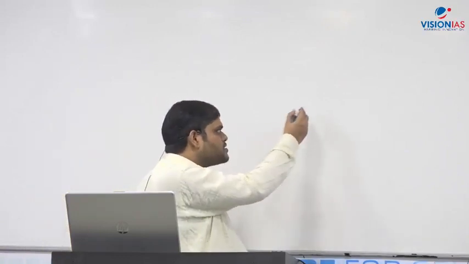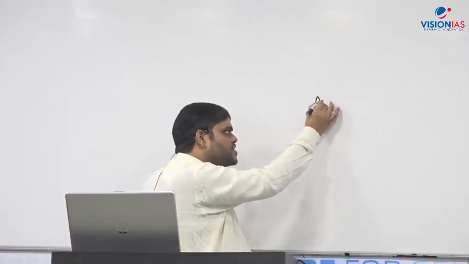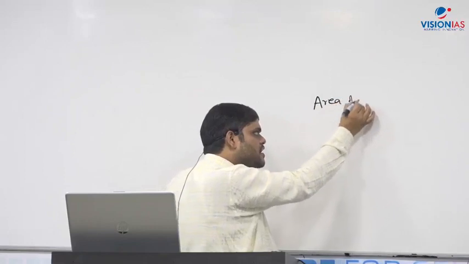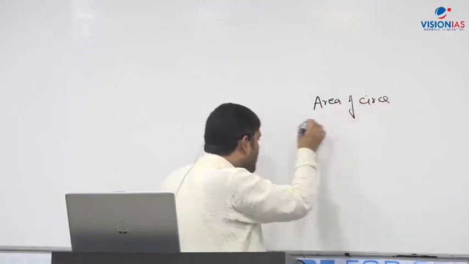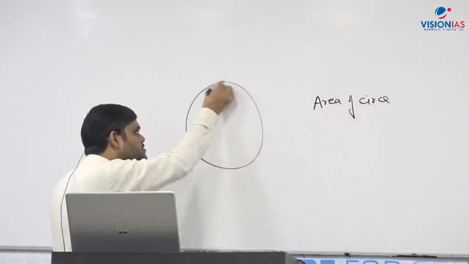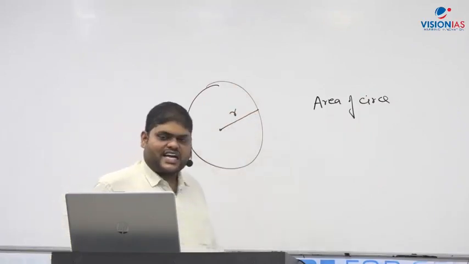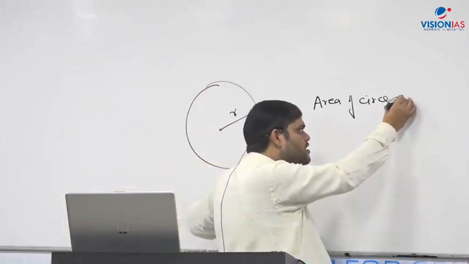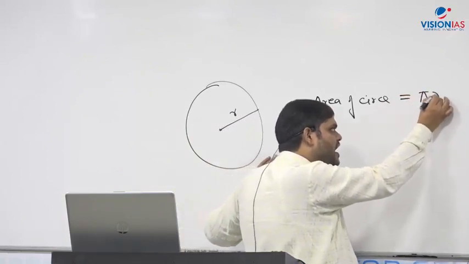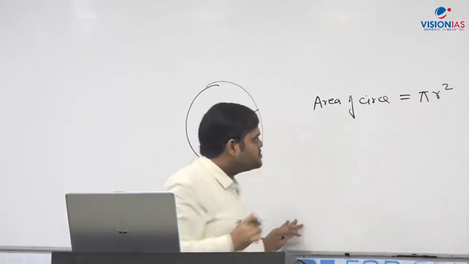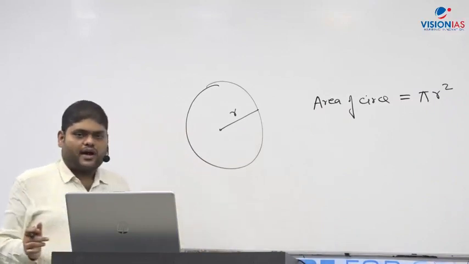Okay. Now, some more problems, some more types of questions here. Suppose the area of a circle, this is the radius. This is a standard formula: pi r square.